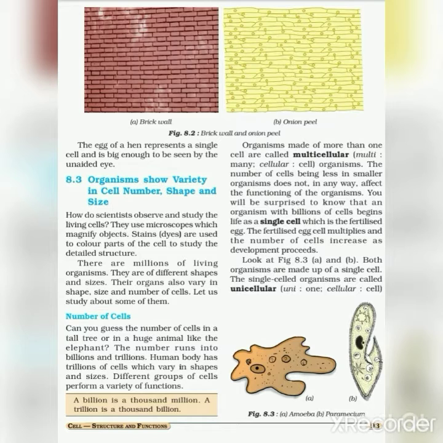These are various projections protruding out of its body. These projections appear and disappear as it moves or feeds. Amoeba can capture and digest food, can respire, excrete, grow and reproduce. So we can see that these projections, which are called pseudopodia, are very important in the function of amoeba.